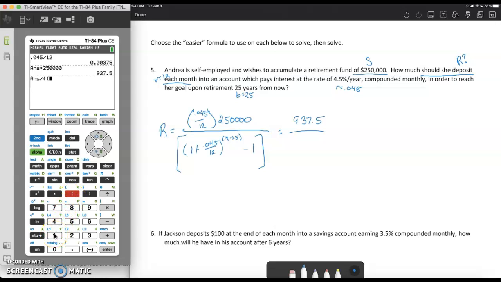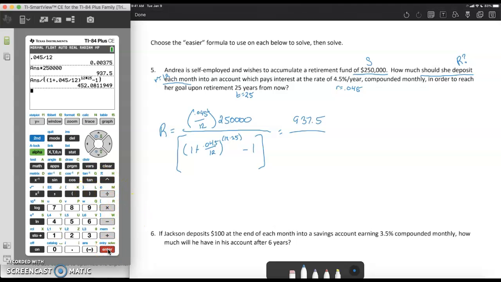Inside the second smaller parenthesis we're going to do 1 plus, and then the fraction 0.045 divided by 12, and close that one up, all to the 12 times 25 power, and then back down to the main level to do a minus 1, and close it up with a last parenthesis.